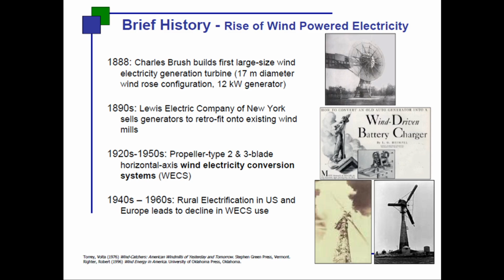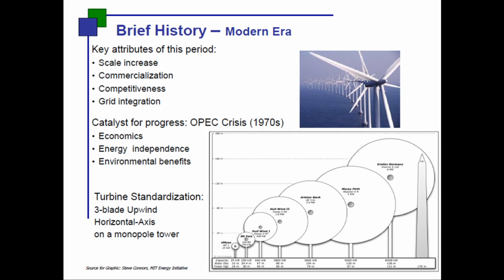Later, in the 1940s and 60s, rural electrification in the US and Europe led to a decline in WECS units. Electricity from other means became the most popular, and that started the abandoning of wind turbine units.